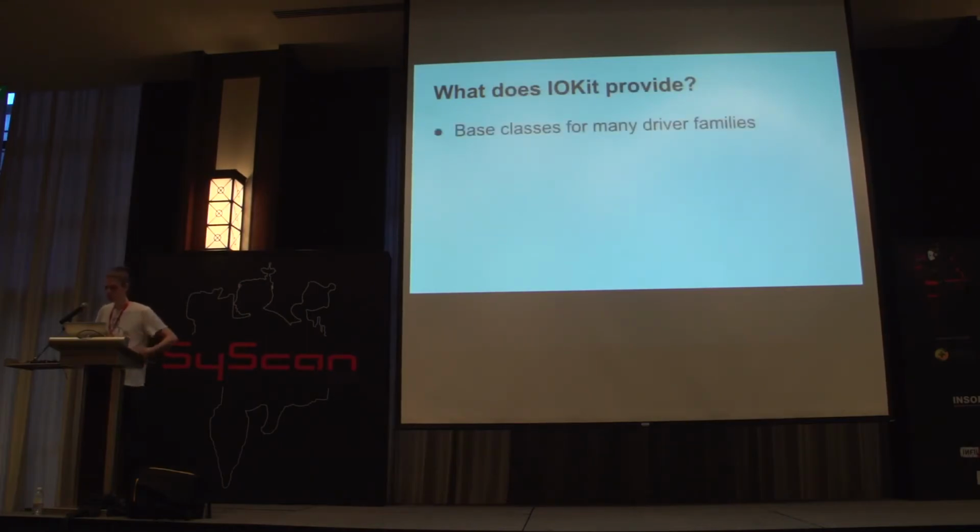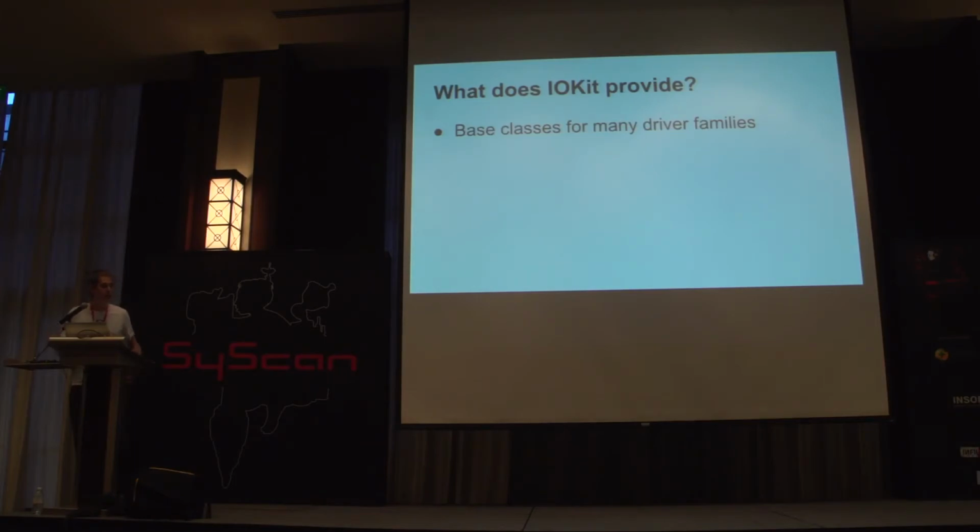So what actually is IOKit and what does it provide? The fundamental thing to understand about IOKit, and the reason that it is written in the way it is, is that it's trying to encourage code reuse through C++ inheritance.